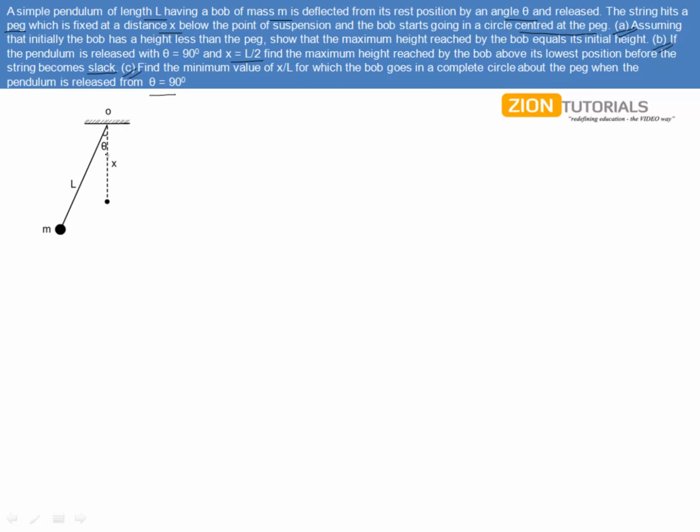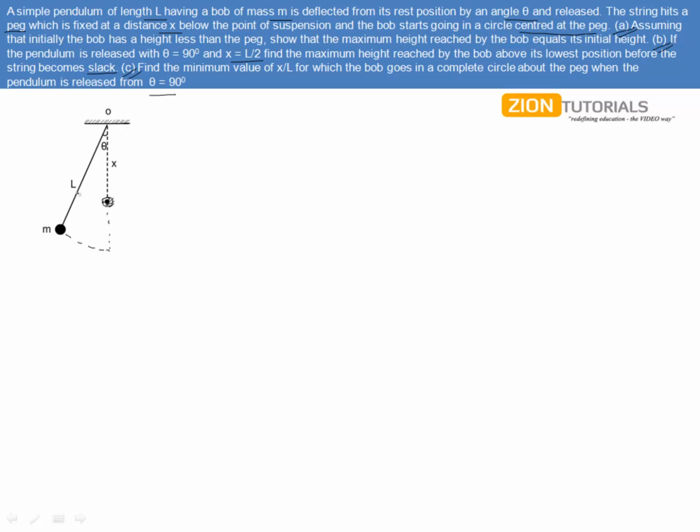Now what's happening in this question is that this pendulum is released from an angle theta. It comes to its vertical position like this, almost doing a part of SHM motion, comes here, and this is a peg or a hook sort of thing we can say.